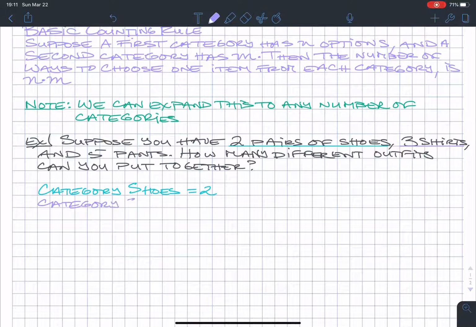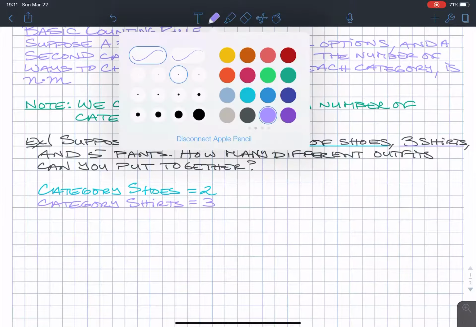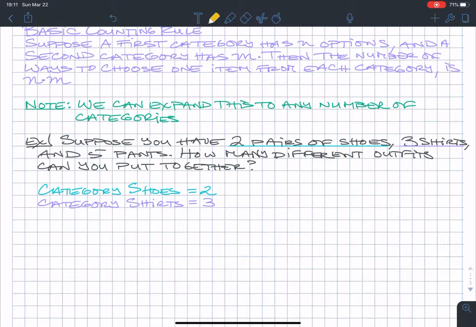How many shirts do I have? I just have 3. Okay. Now let's look at the category of pants. Category pants is equal to 5.